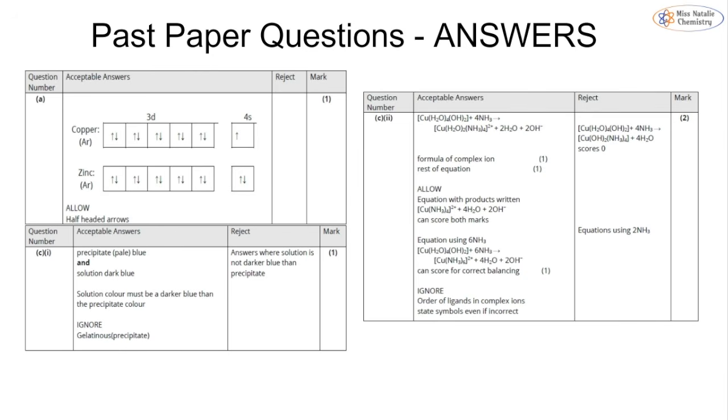And there you can see again exactly how the marks break down, showing that for the equation in particular, it's the formula of the complex ion, and then the rest of the equation.